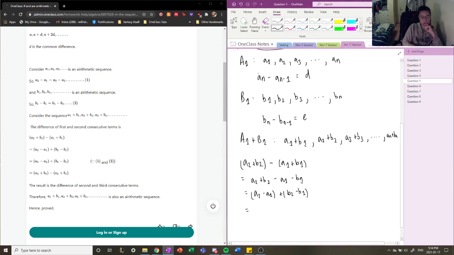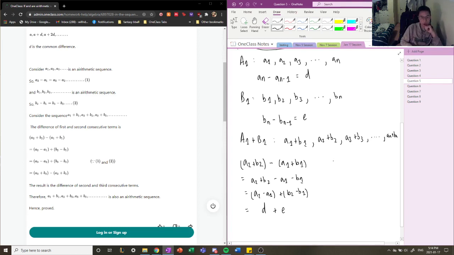According to our sequences, A2 minus A1 is going to equal D, and B2 minus B1 is going to equal E. So this is the common difference between the first two terms. Now we have to show that the common difference between the next two terms is the same, and so on and so forth.